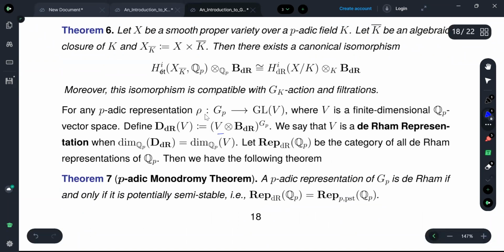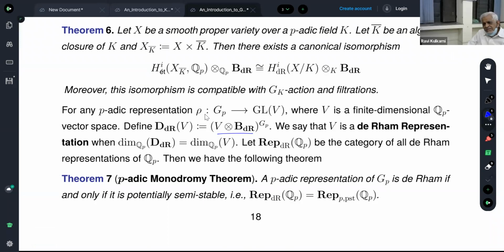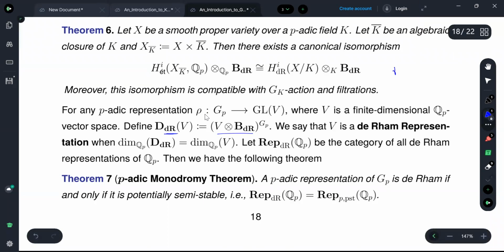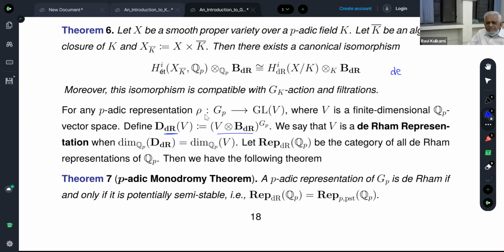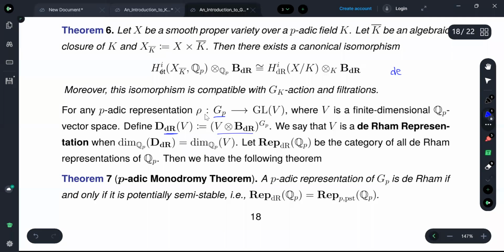GP acts on V tensor BDR, and then you just take all the elements which are fixed by this GP. Capital DDR is defined in this way.